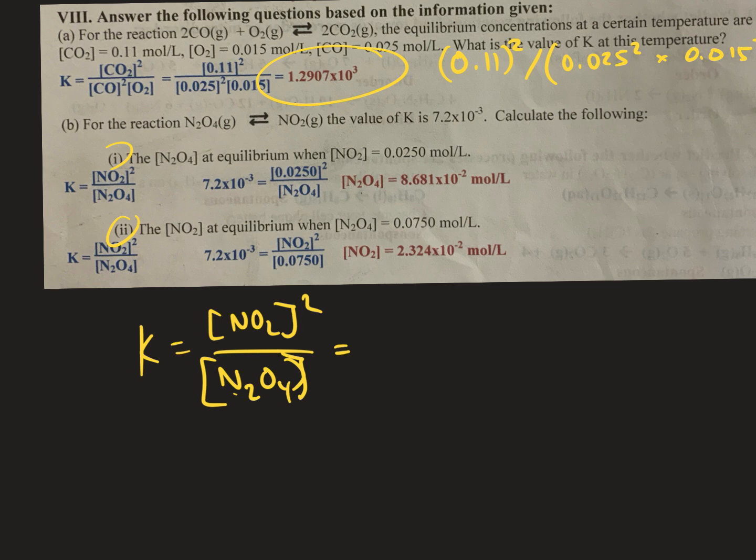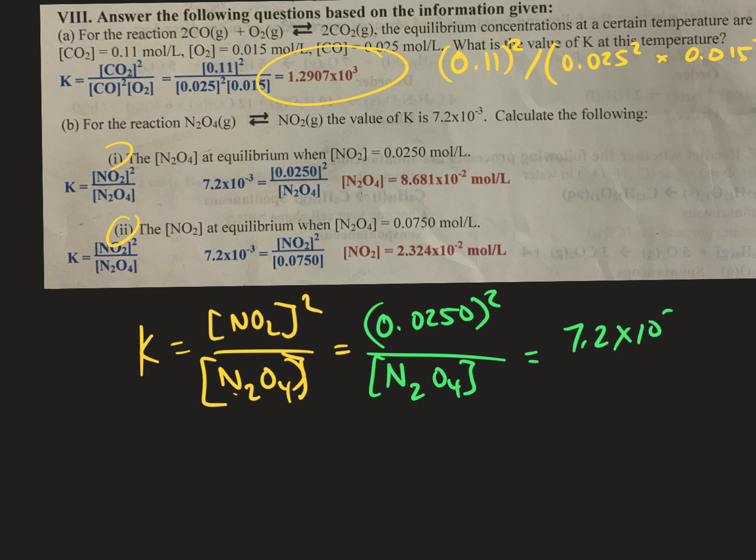So we got 0.0250 squared divided by N2O4, which is what we're looking for, equal to 7.2 times 10 to the negative 3, right? It's on the bottom and we have to get it on top. So we can cross multiply, or we just multiply both sides by N2O4.